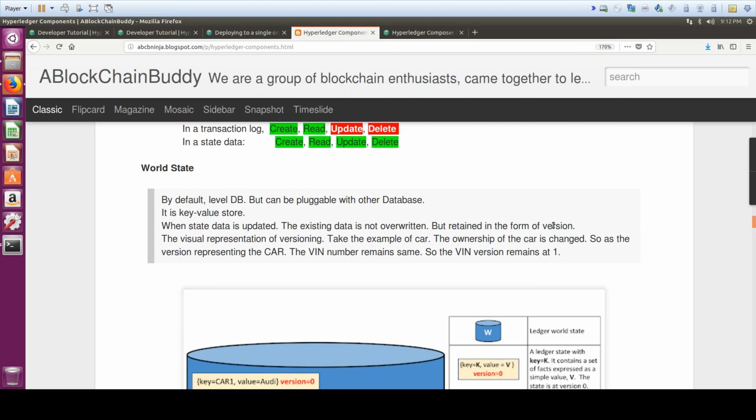Okay, the visual representation of version, take the example of a car. Ownership of the car is changed, but the VIN number remains the same, so the VIN number version remains at 1.